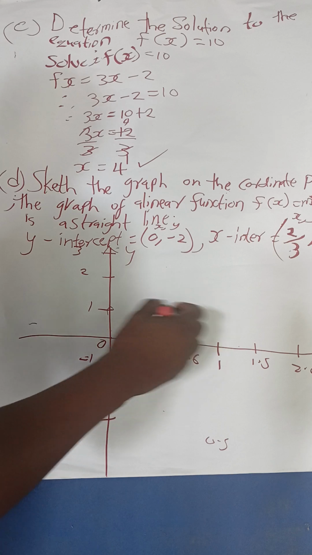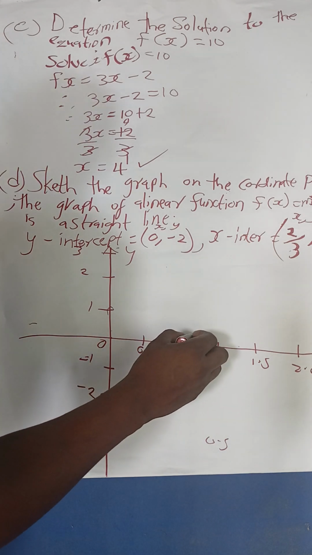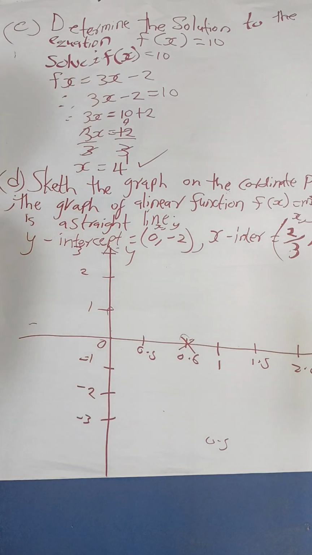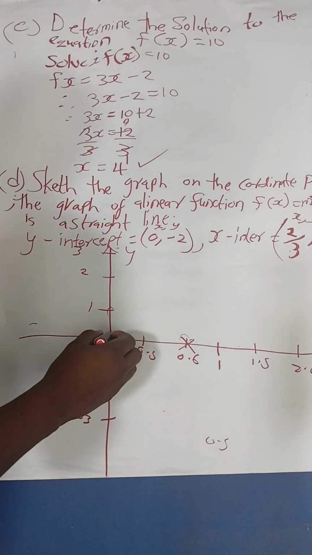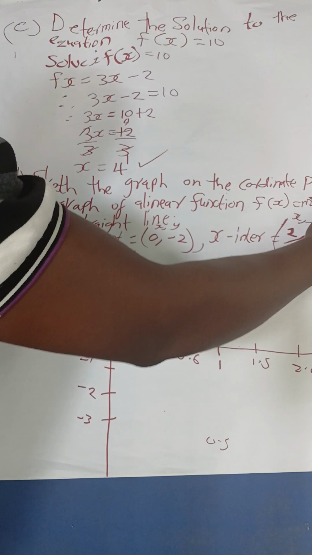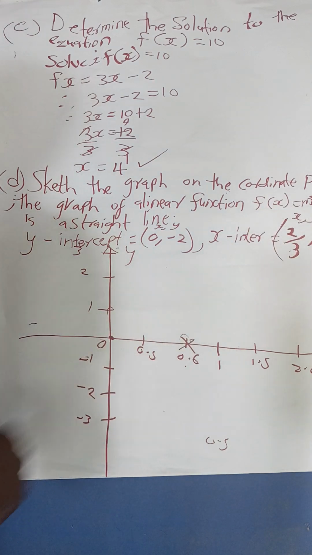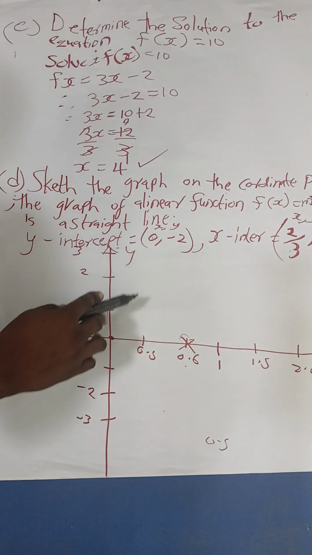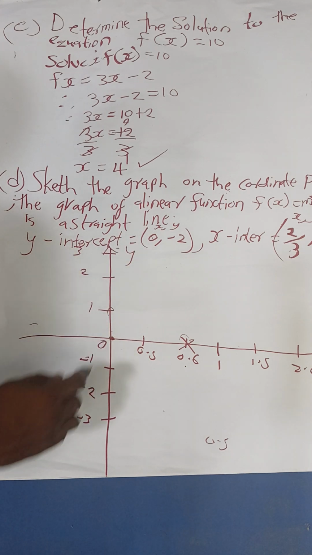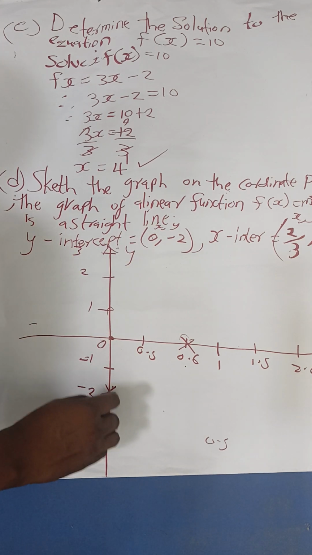So 0.6 is here. I will plot here 0.6, then 0. So this one I plotted. What about the y-axis? We start with the x, 0, then on the y, we have -2.